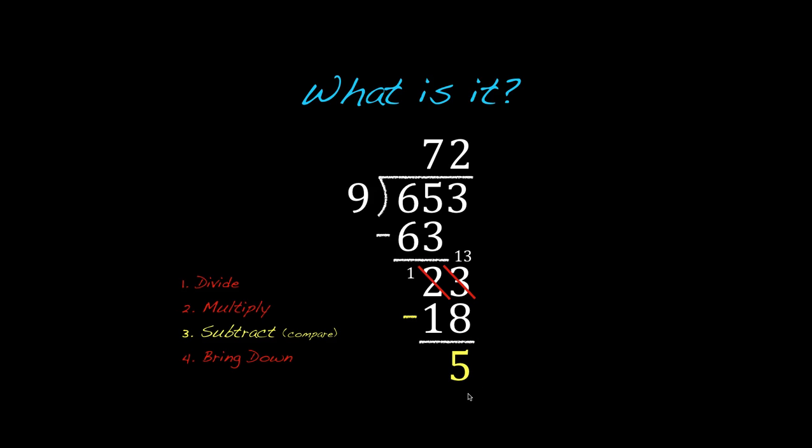So we compare, 5 is less than 9, so we're in good shape still. And at this point we would bring down, but there's nothing really left here to bring down, so this is really what a remainder is. It is what is left over after you've divided up into smaller groups and found out how many is in each group. Whatever's left over is your remainder.